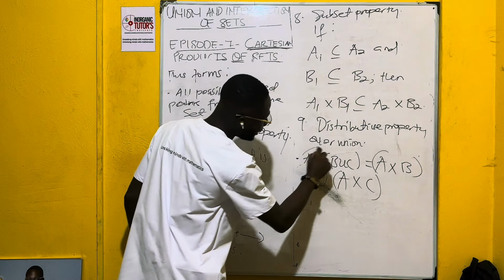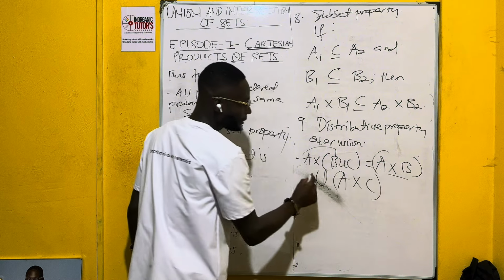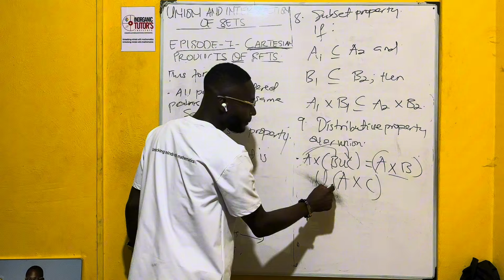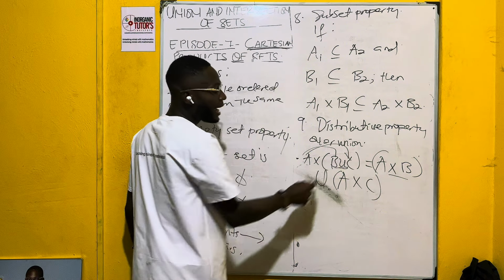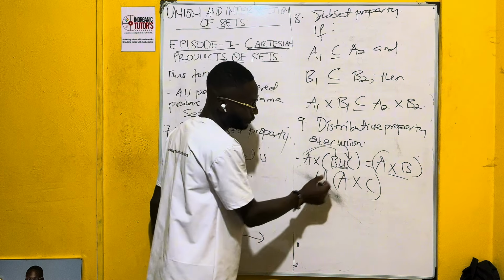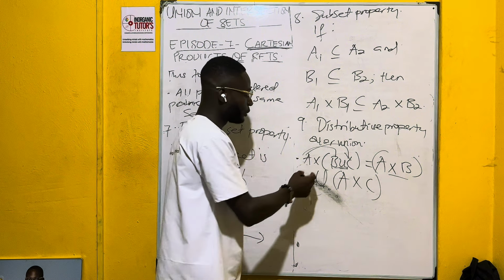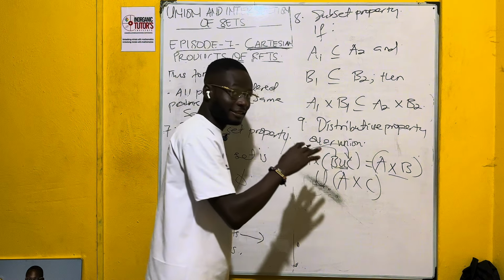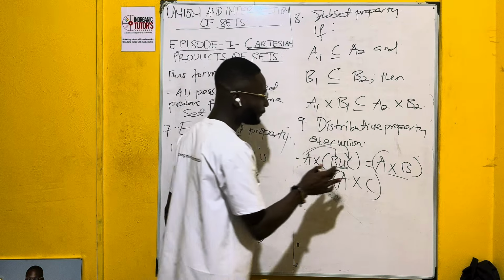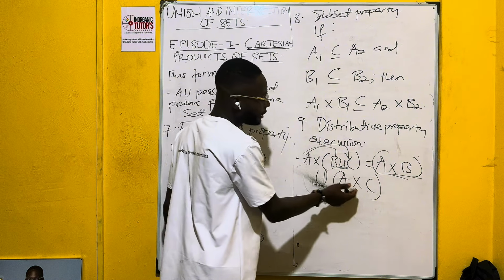You pair this with this, and that becomes A cross B. Then you pair this with that, and that becomes A cross C. But remember, there is an item between these two, and that is the union. And that union is what? Addition, and it represents "or". So A cross B or A cross C represents A cross (B union C).